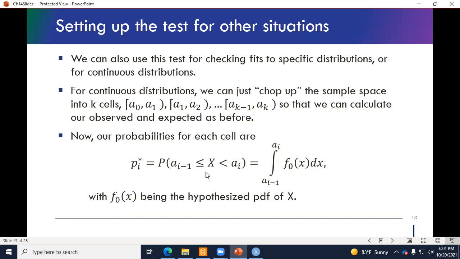Because it is a continuous distribution, calculating this probability means you take the integral of the PDF, the hypothesized PDF of this x. This gives the probability of x falling in this range. So I think this is just what we do theoretically for a continuous distribution.